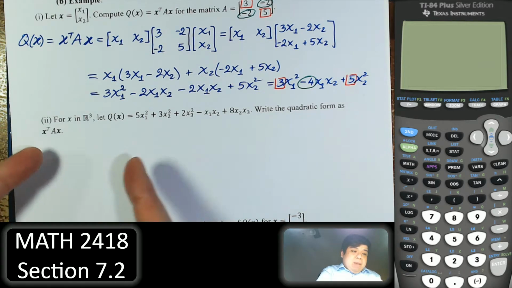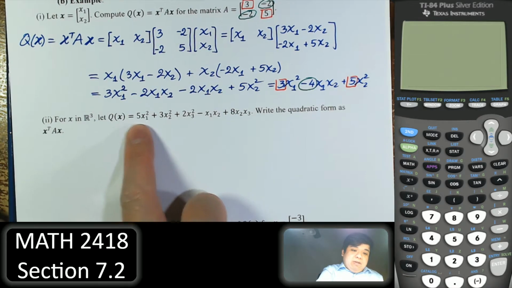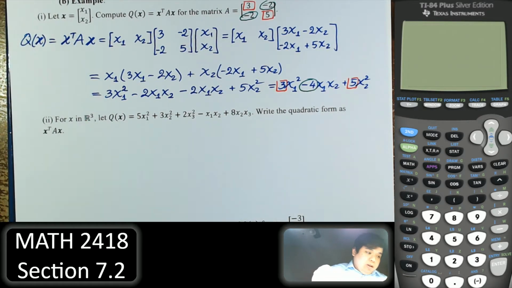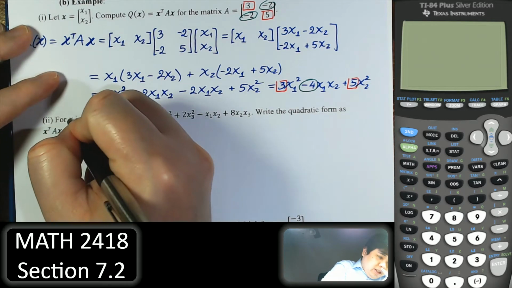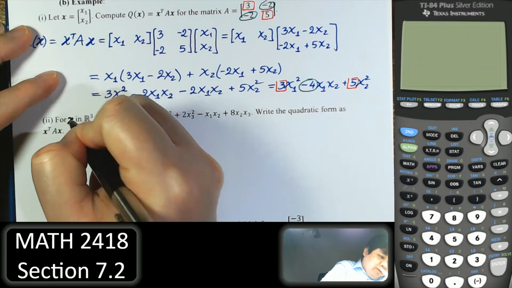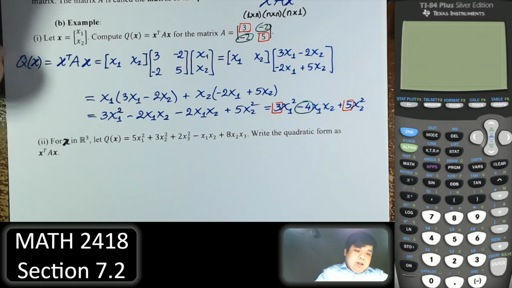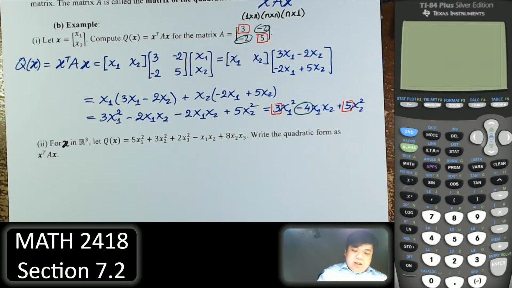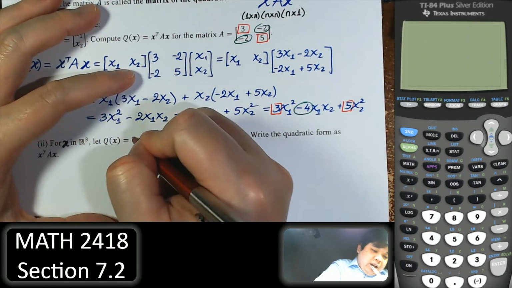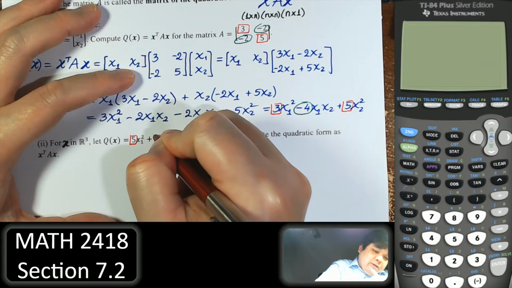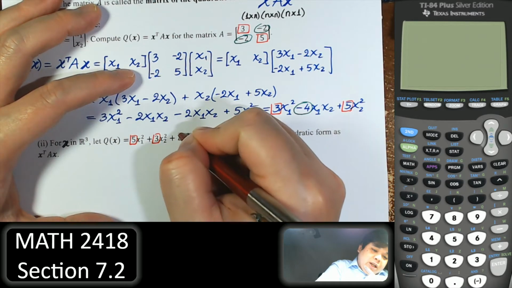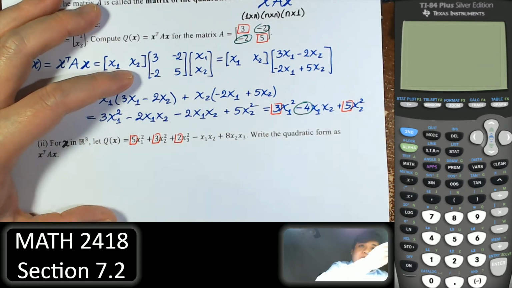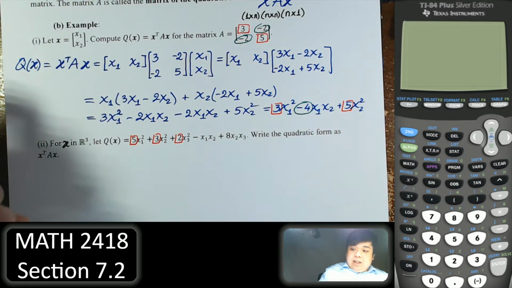Now we turn this back into the quadratic form if we have it in that form. So once again, this should be a matrix, and this should be a vector. So let's just write this out. We have the squares 5, 3, and 2, so we know for sure those will be elements on the diagonal.